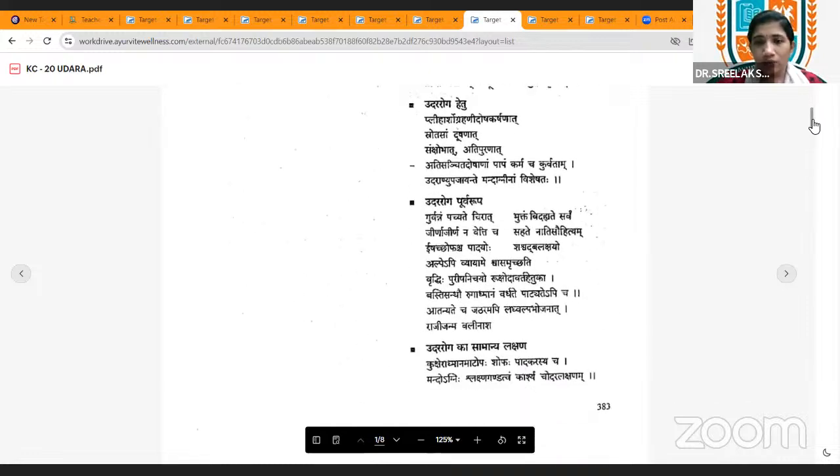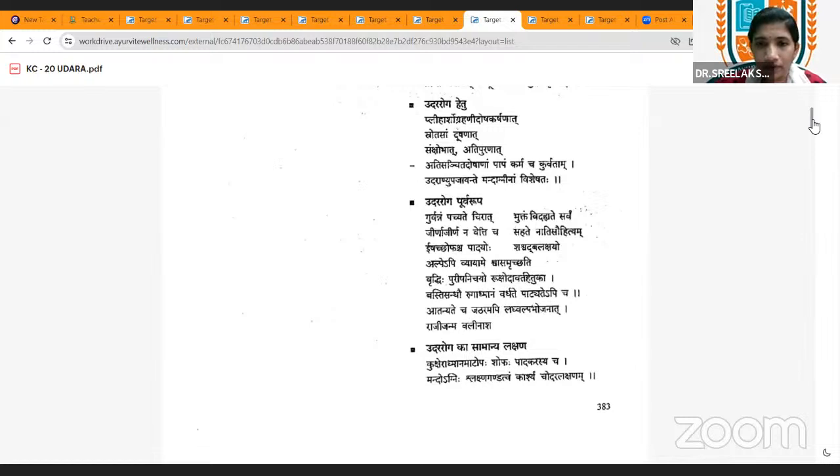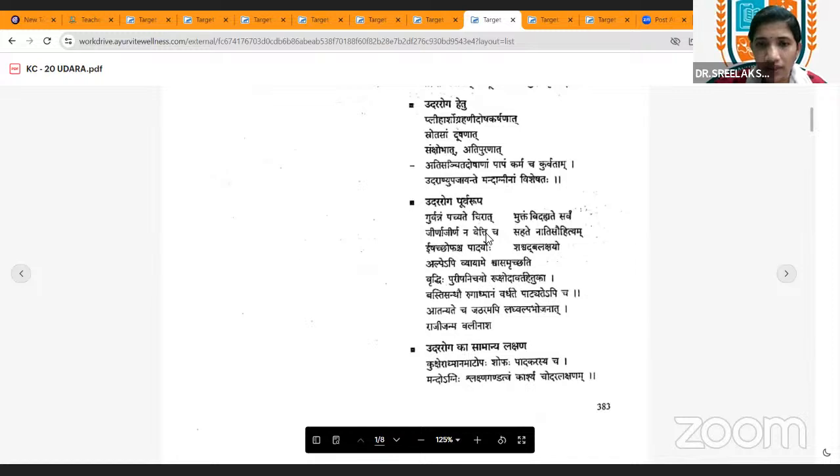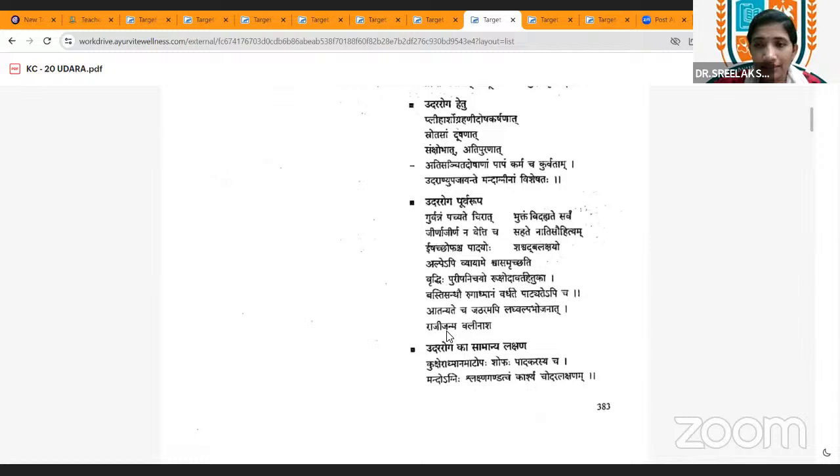Next point is about the Udararoga Purva Rupa. In Udararoga Purva Rupa, mainly Jirna na Veticha is an important symptom. And Raji Janma Vali Nasham, that is very important. Mainly there is abdominal distension, and then stretch marks can appear due to the stretching of the muscles.